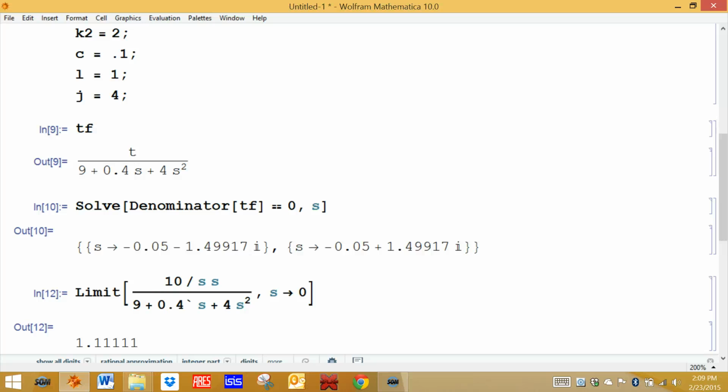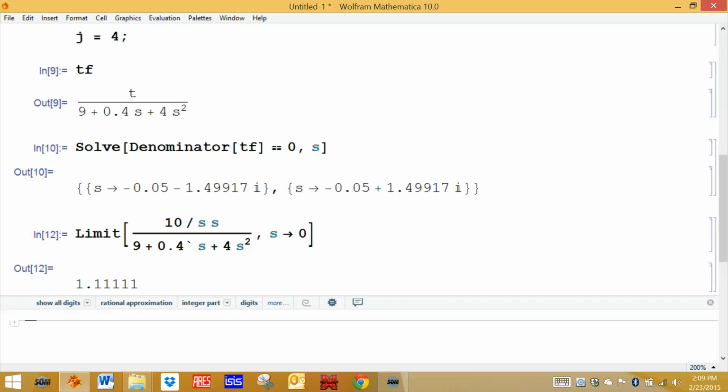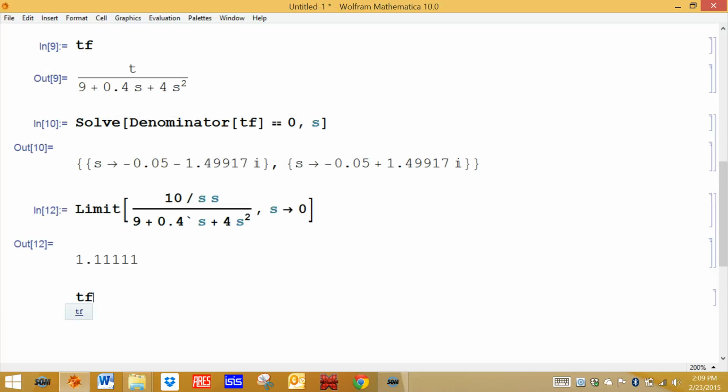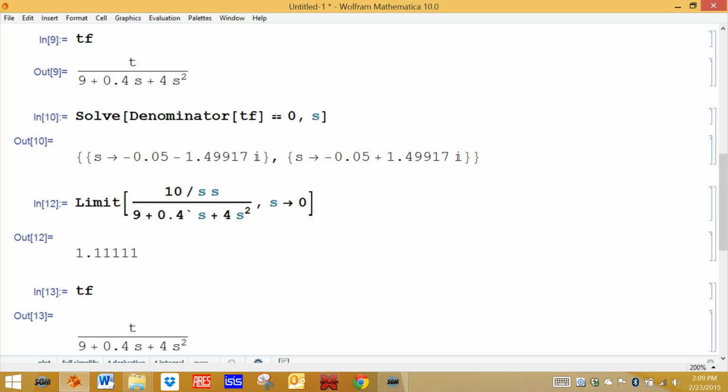Let's go in and find the steady state amplitude for a sine. So let's start with the transfer function. Let's say that the input is 20 times the sine of 2t. All right, so 2 is the forcing frequency.